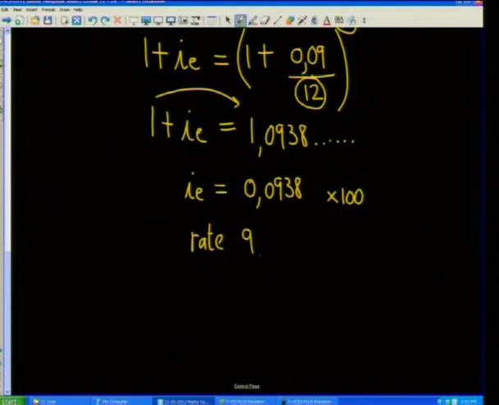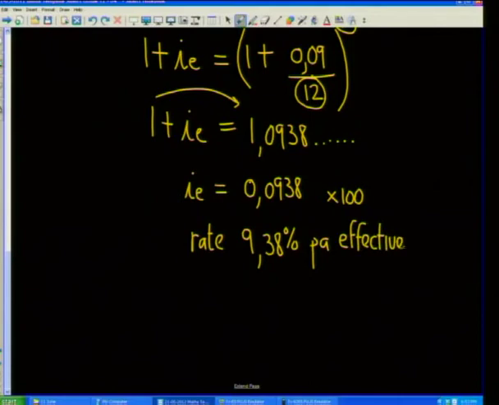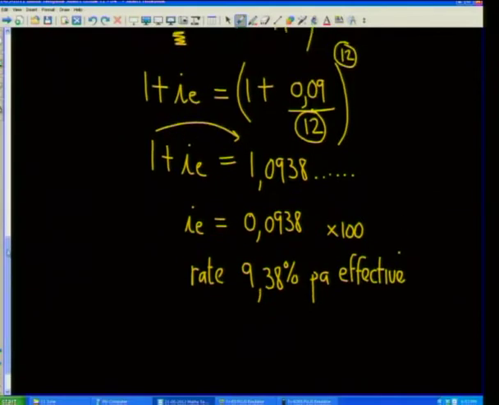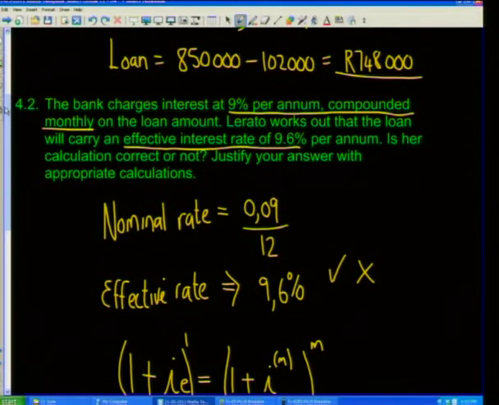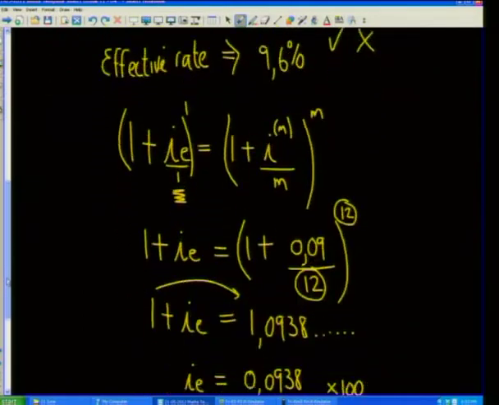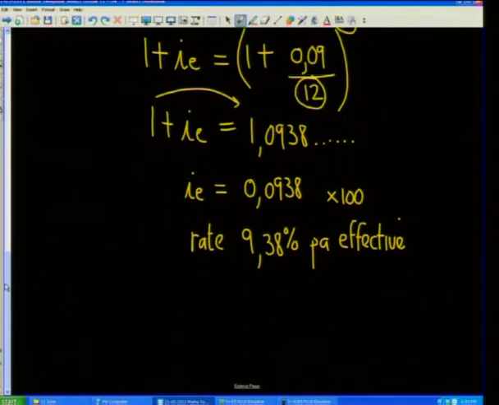So that's going to be 9.38% per annum effective. So let's go back to the question. The question actually said that Lerato worked it out to be an effective interest rate of 9.6%. Is she correct? No, she's definitely not. So we would therefore say, no, she is wrong.